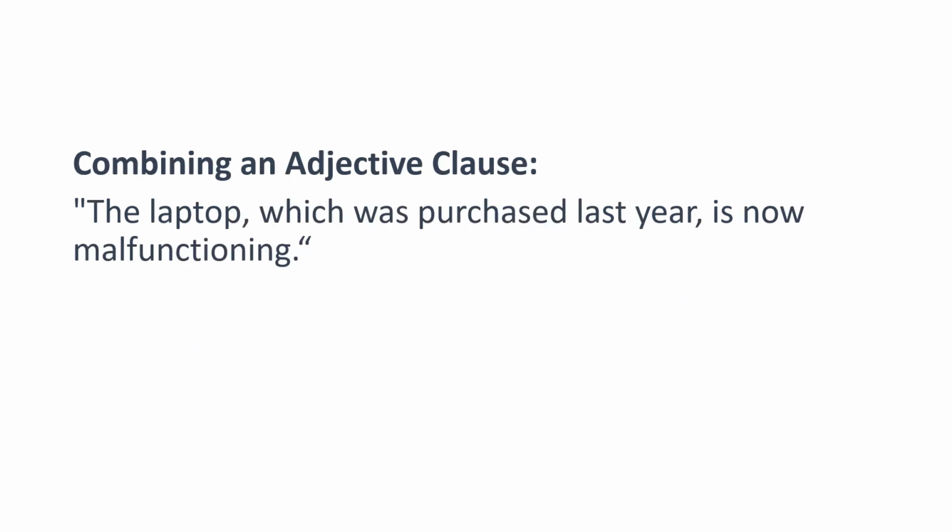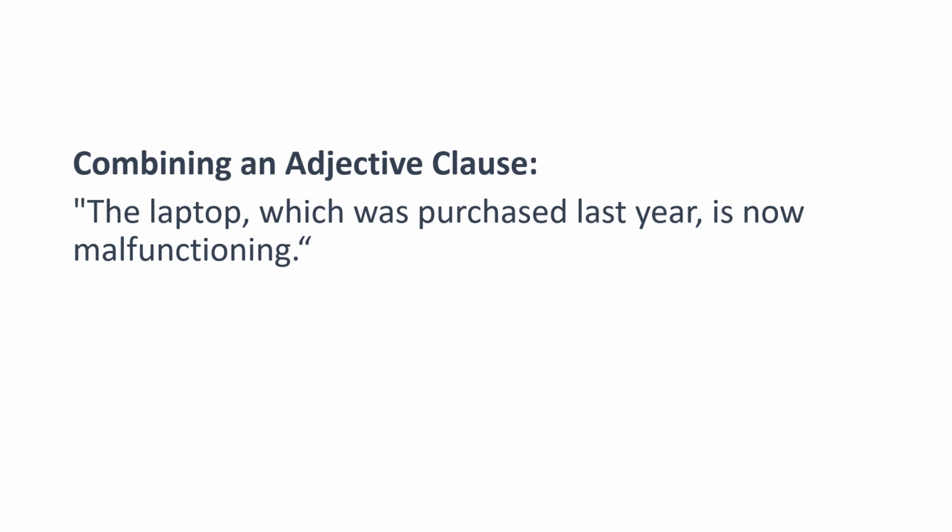This is the last sentence of this practice. Listen to this sentence carefully and let me know in the comment section which one is dependent and which one is the independent clause in this sentence. The laptop, which was purchased last year, is now malfunctioning.